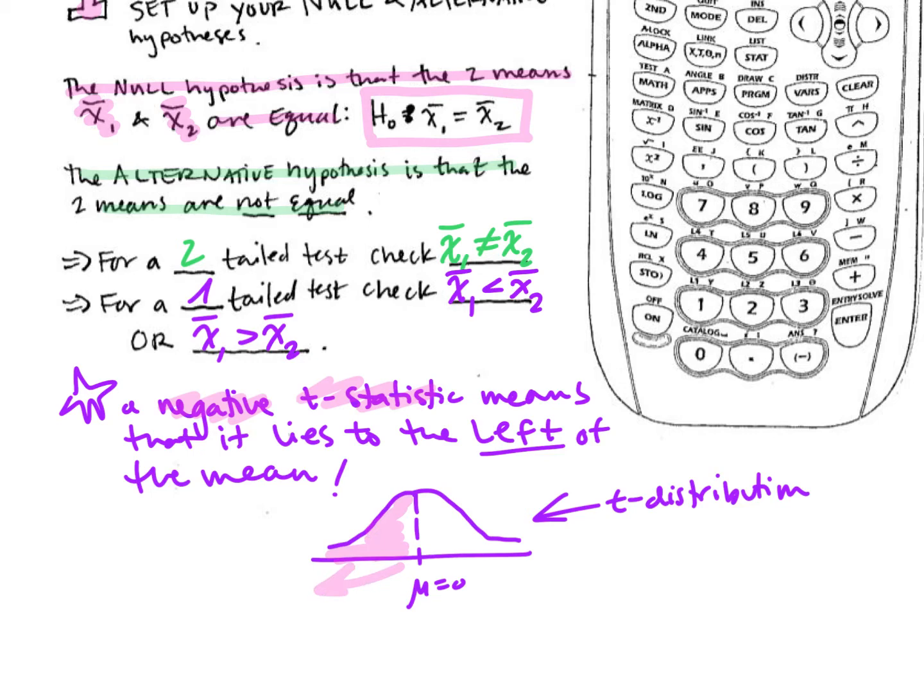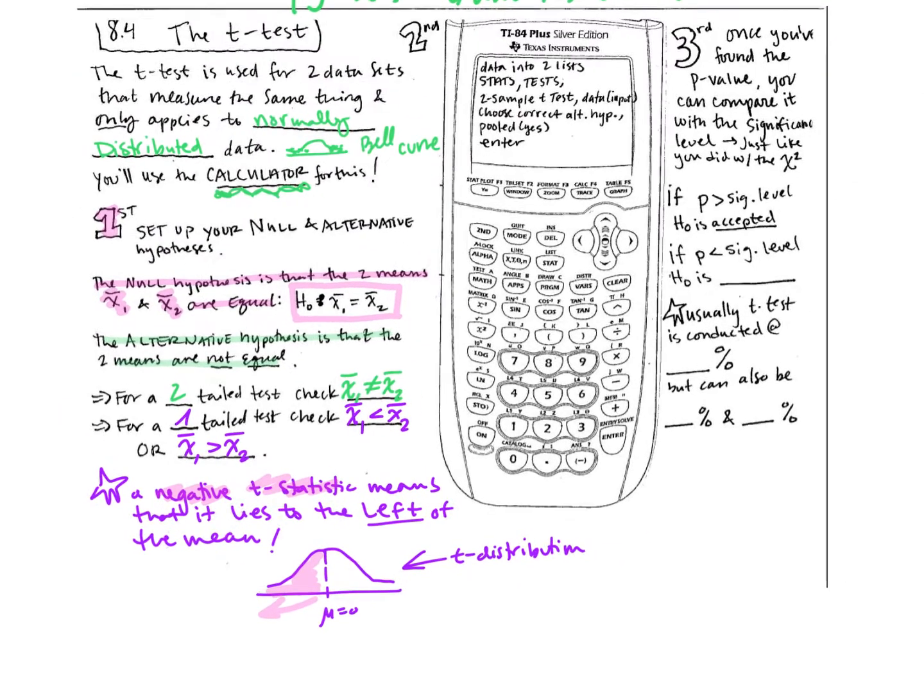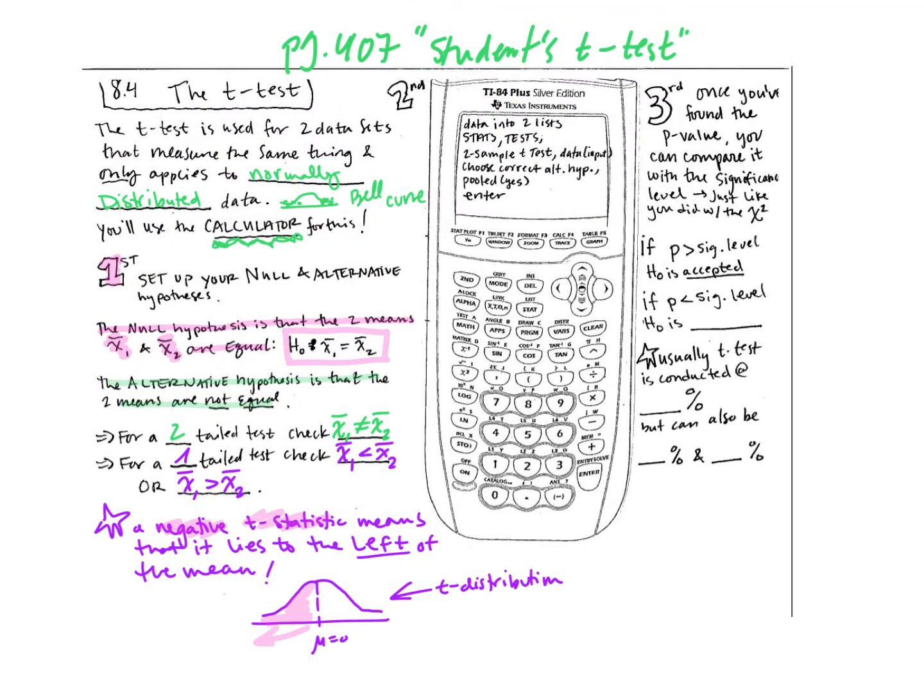And you'll see in our example, we have a mean of like 44 or something, I don't know what it is. So you're below the mean. That's okay.